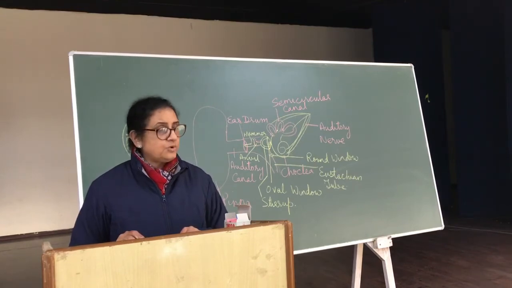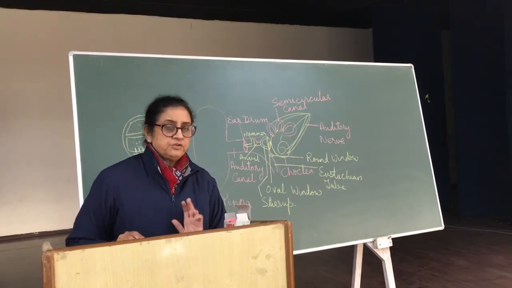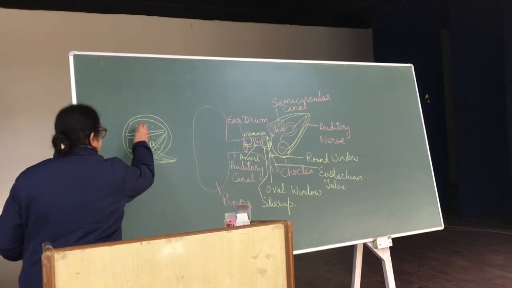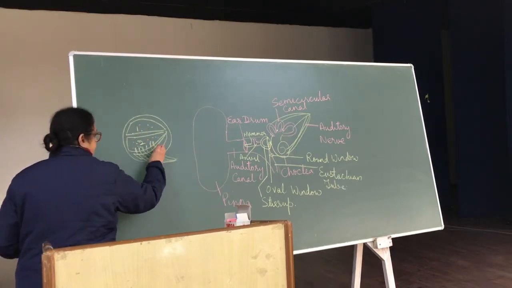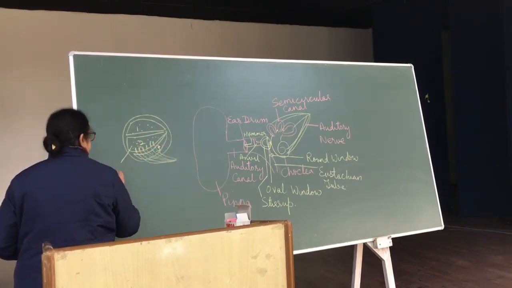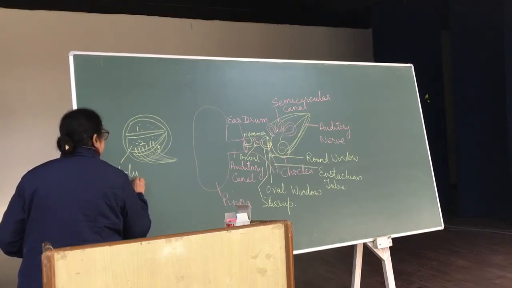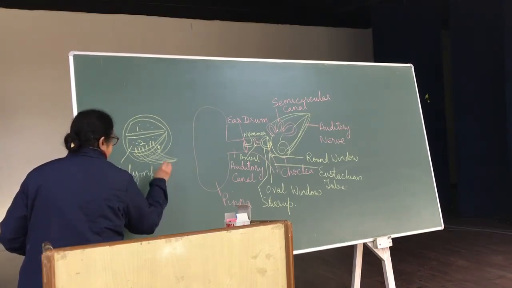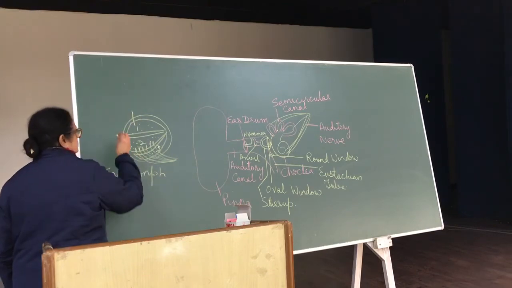And the other 2 are filled with perilymph. So 3 canals are there. The median one is filled with endolymph, and the outer 2 with perilymph.